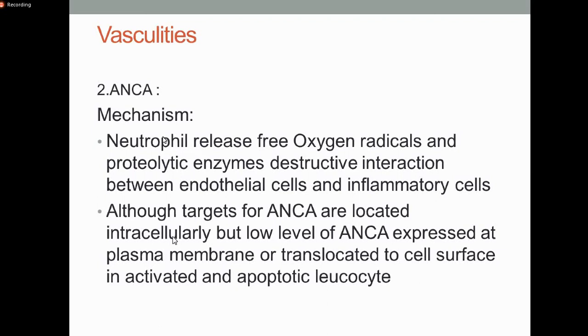So the basic mechanism is oxygen-derived free radicals, which also secondarily release proteolytic enzymes, which are responsible for destruction of endothelial cells and interaction between the inflammatory cells.